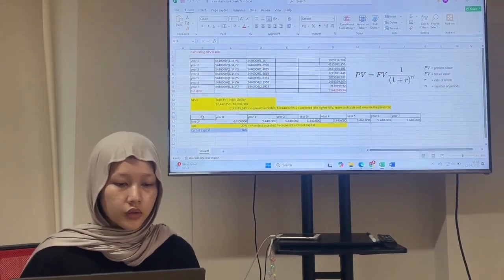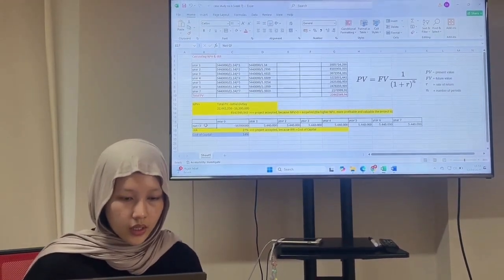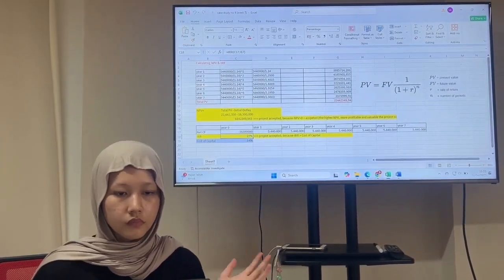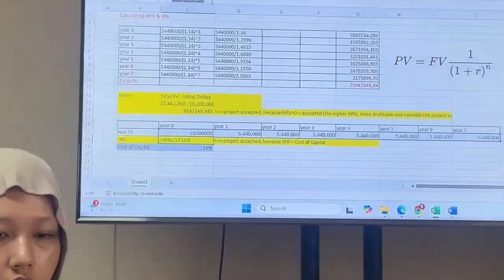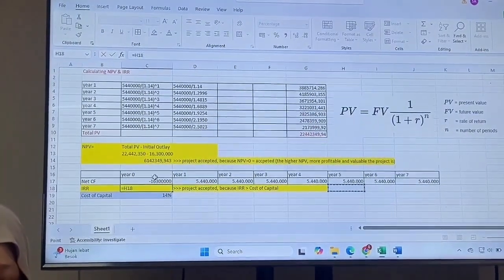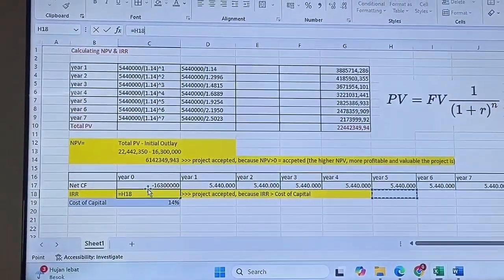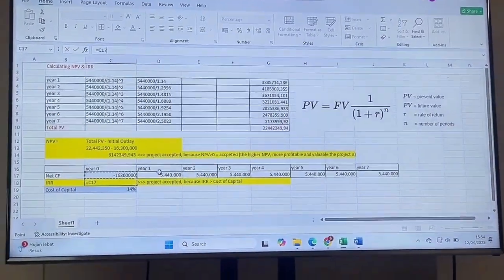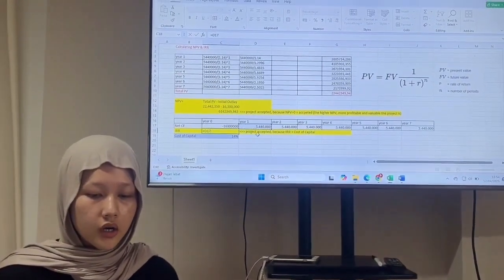After that, to calculate the IRR, we just have to use the Excel sheet with this formula. The formula is =IRR, and then we just add year zero, which is the initial outlay, minus $16,300,000, until year one through year seven, and we got the IRR here.